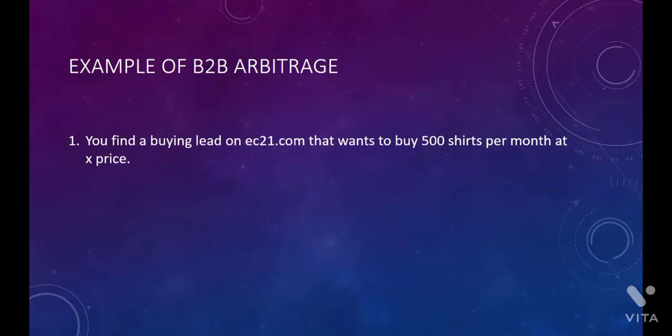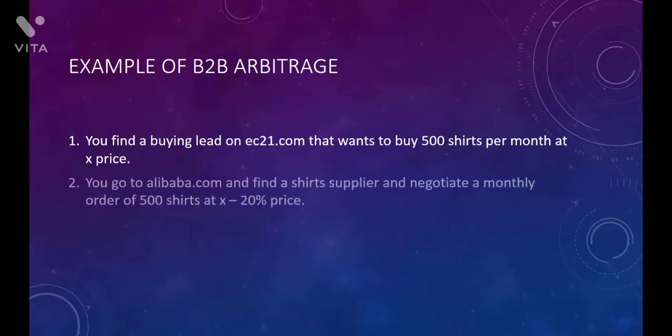For example, you find a buying lead on a business to business online marketplace like ec21.com, which is a Korean online business to business marketplace, and you find here a buying lead that wants, for example, to buy 500 shirts per month at X price. You go to Alibaba.com, which is the biggest business to business online marketplace in the world, and find a shirt supplier and negotiate a monthly order of 500 shirts at X minus 20% price.